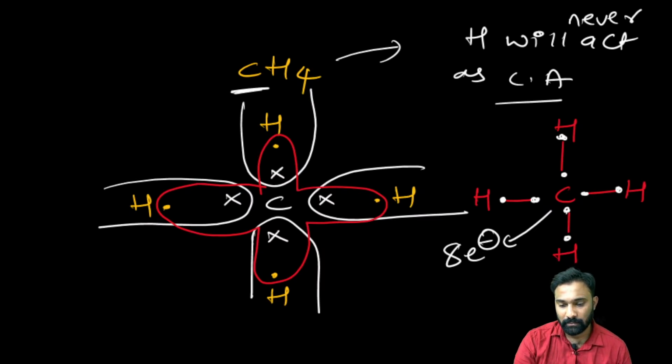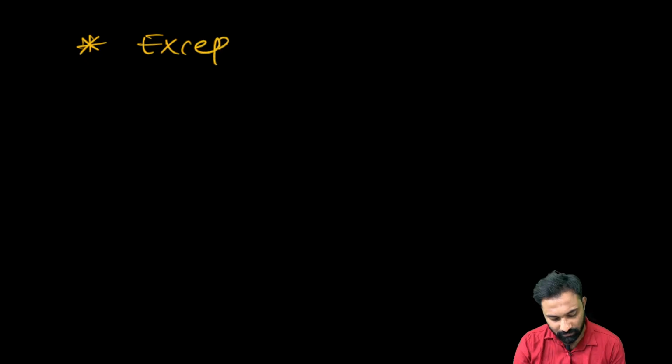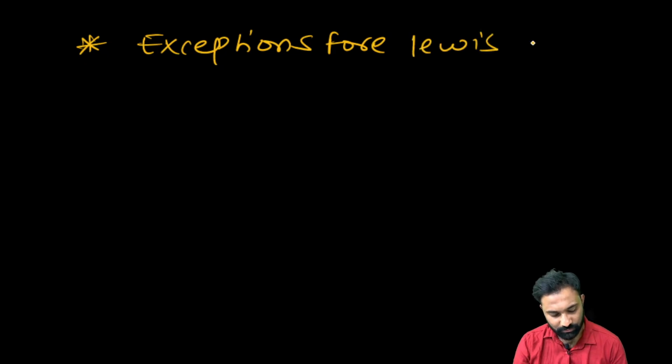But some molecules, even though they do not follow the octet rule, are stable. Why are they stable? For that we have exceptions to the Lewis rules.